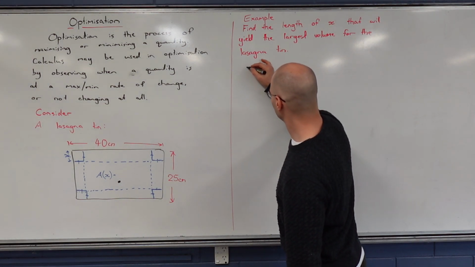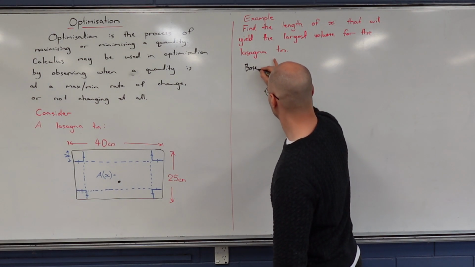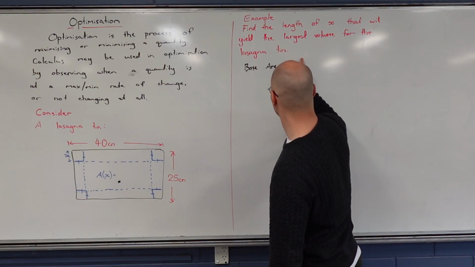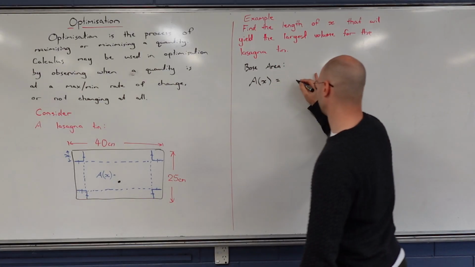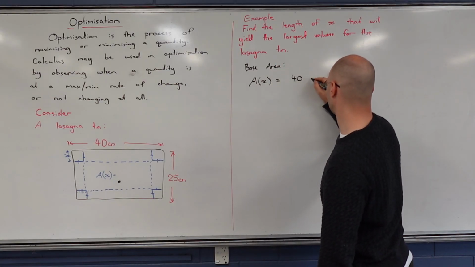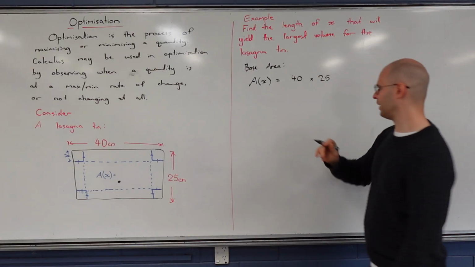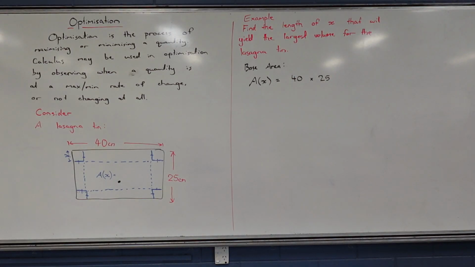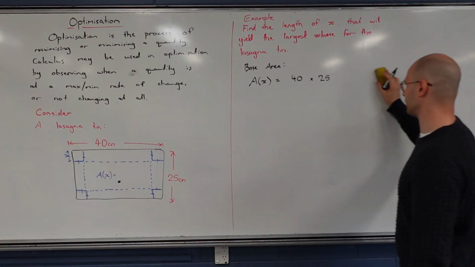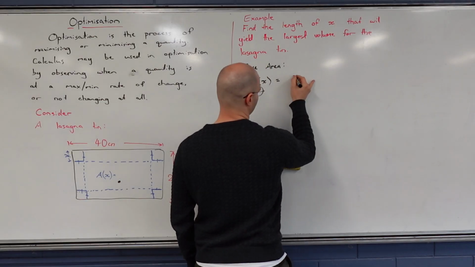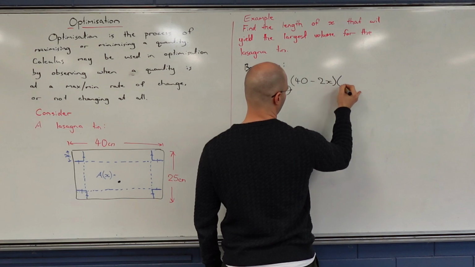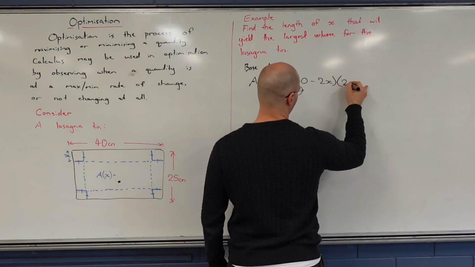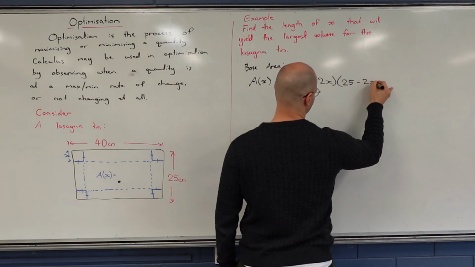Is it just 40 times 25? That's a good start. It's going to be 40 by 25. Now the question is, how is that 40 going to be reduced, knowing that we're cutting, bingo, how many parts of X? 2 lots of X. So the length is 40 minus 2 lots of X times 25 take 2 lots of X.